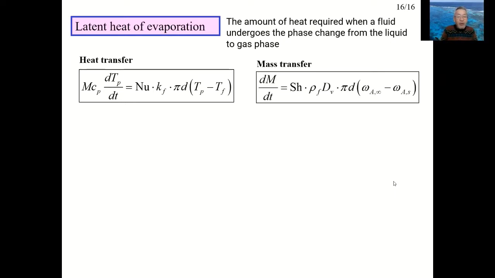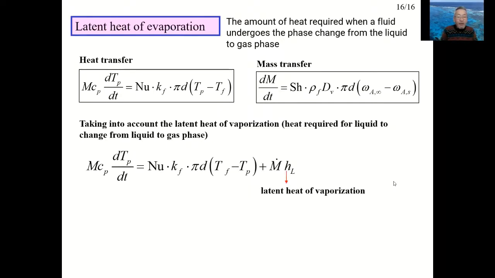The quantity of mass transfer per time is shown next. When the fluid undergoes a phase change from the liquid phase to the gas phase, the latent heat of vaporization due to mass transfer must be taken into consideration. Therefore, the temperature equation of the particle includes a term of latent heat. H_L is the latent heat per mass.